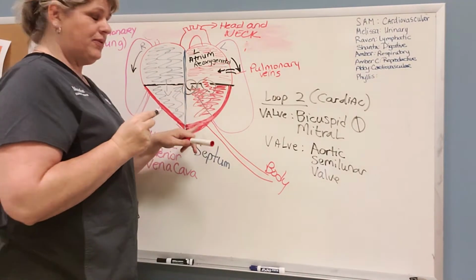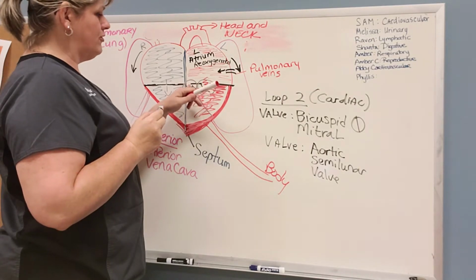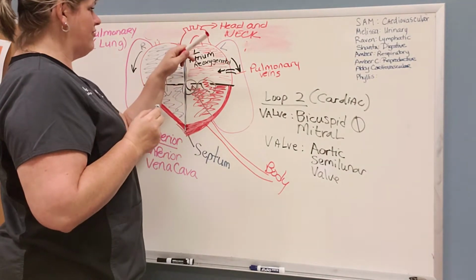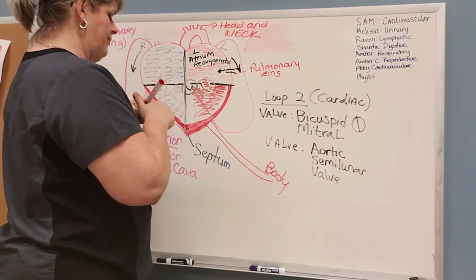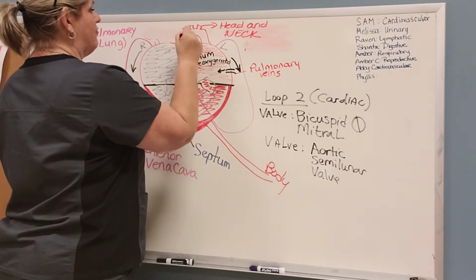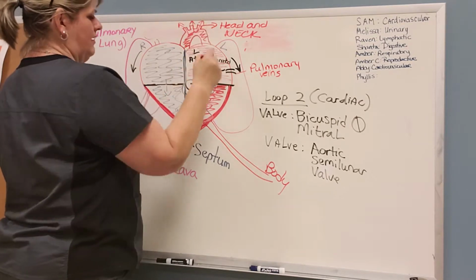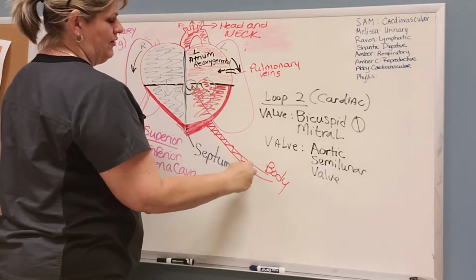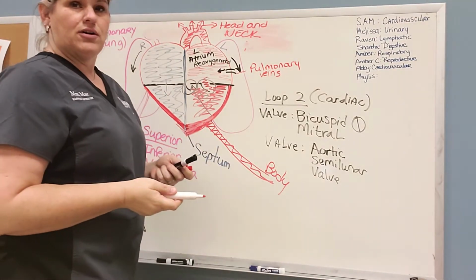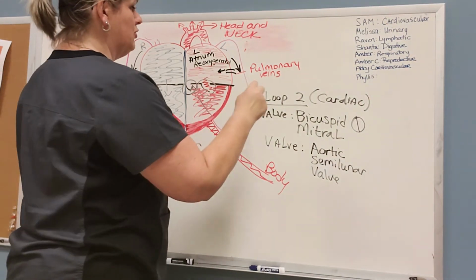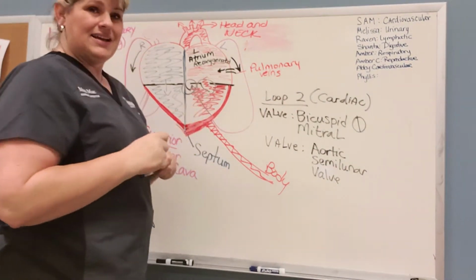Contraction right here. The blood shoots up through the aortic semilunar valve into the aorta. Now all that fresh blood is coming through here and it's taking a ride. And then it's coming all the way down into the rest of the body, into the smaller arteries. That is loop 2. Okay, that's it.